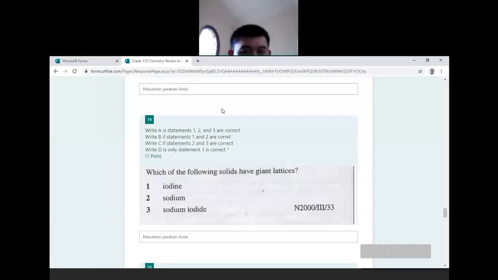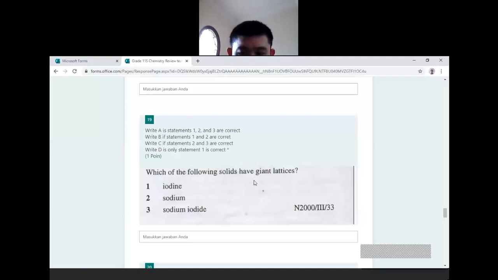Okay. There is this question, Natasha. Is this what you meant? The solids that have giant lattices: there is iodine, sodium, and sodium iodide. Which one has giant lattices? It must be sodium and sodium iodide, because sodium is a metal and sodium iodide is an ionic compound.